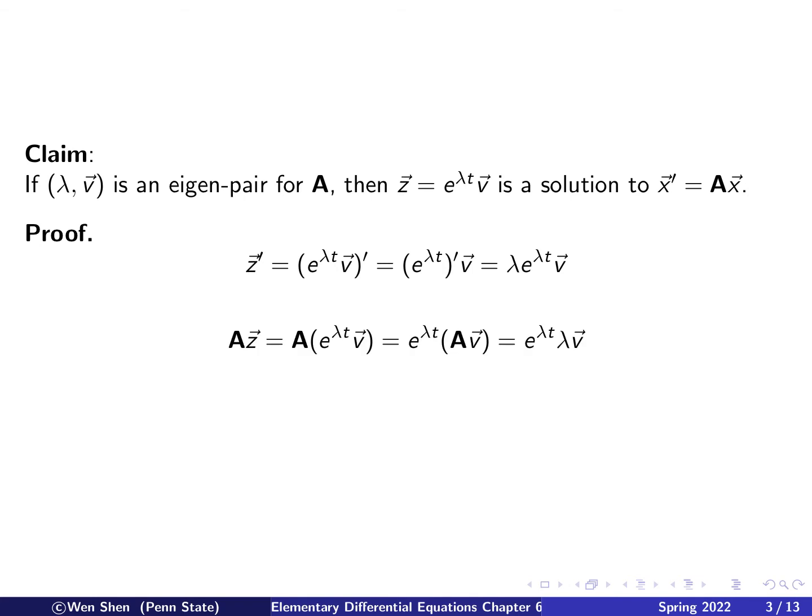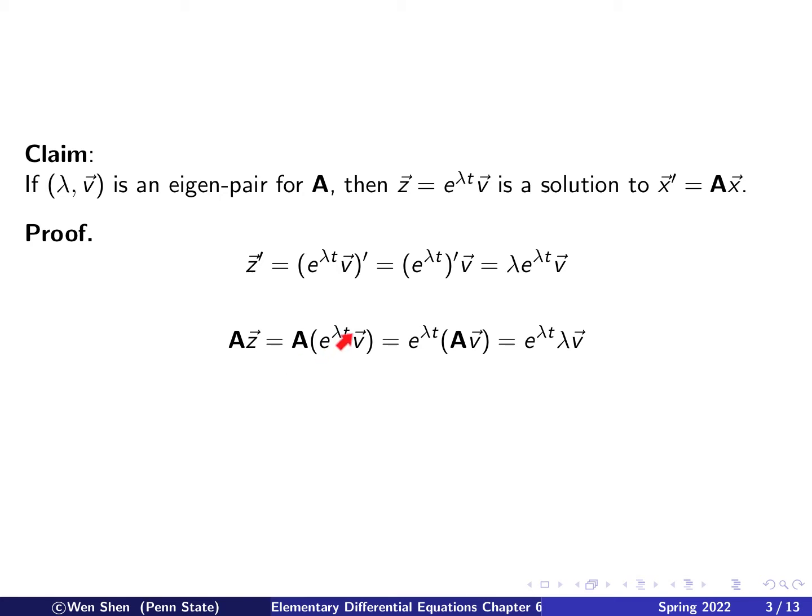Now we compute the right-hand side of the equation that we want to show. That is A times z. What will that be? A times z is A times, plugging in the z value, the exponential function times v. In this expression, this is a vector, this is the scalar multiple, and this is a matrix.